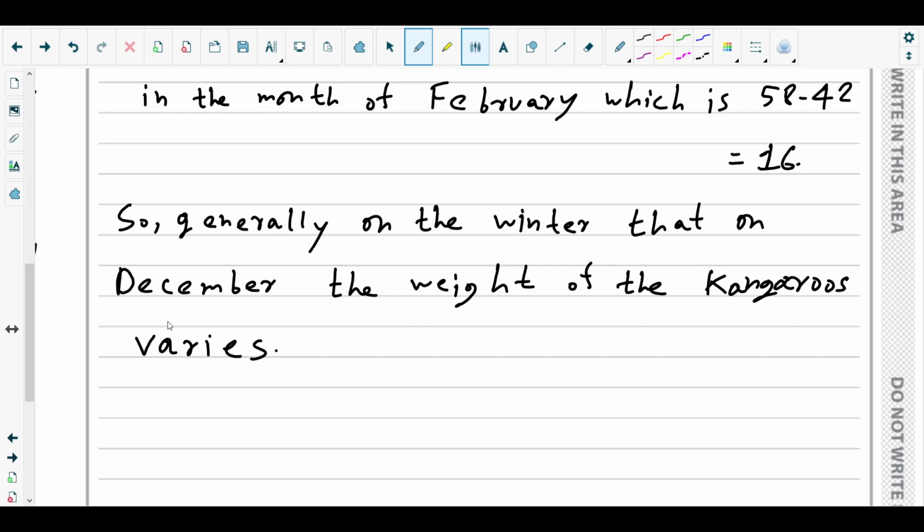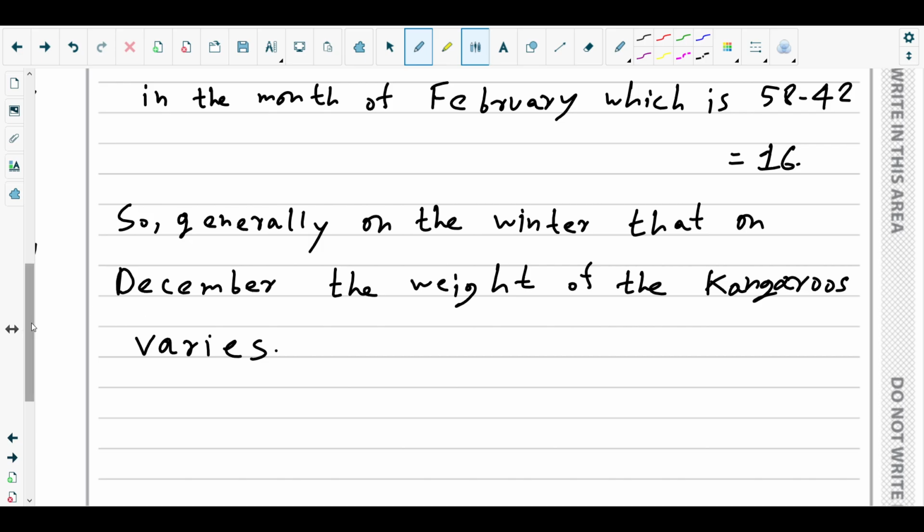This is what we did: we made a comment on the measure of location, then on the measure of spread, and based on these statistical comparisons, we made a comment based on the context of the question.